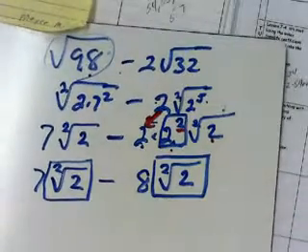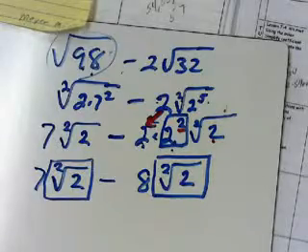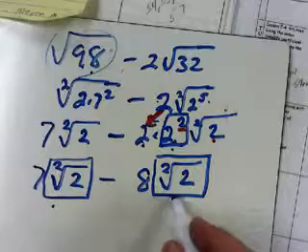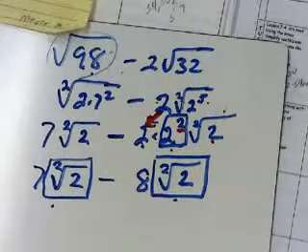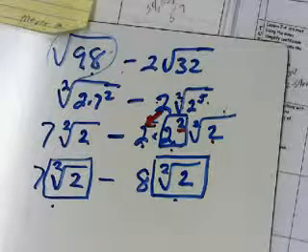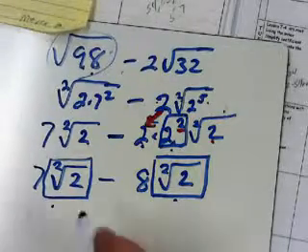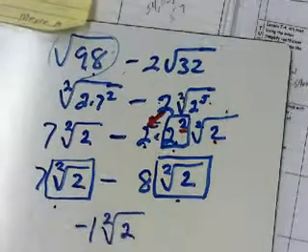That means they are similar terms. And if I had 7 of them over here, and I'm subtracting 8 of them over here, so if I had 7 apples on my left-hand side, and somebody wanted to eat 8 apples, how many apples would I have? Negative 1 square root of 2, like so.